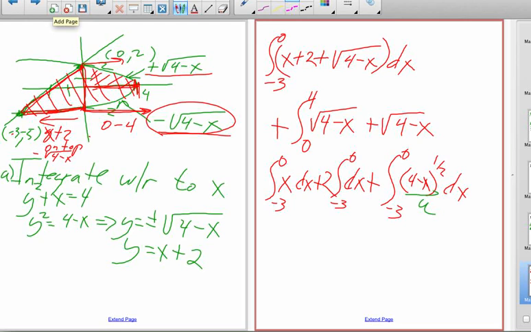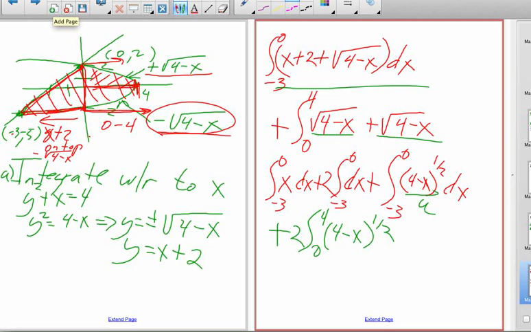And I'm not actually going to do all of this integration. Okay, so this is all of this guy. And then this is all going to be plus 2 times the integral from 0 to 4 of 4 minus x to the 1/2, since I have two of these.